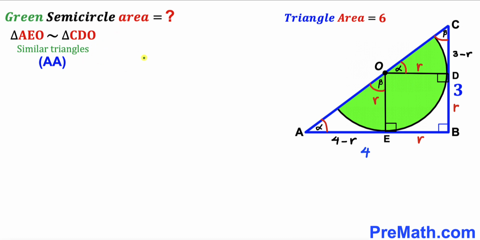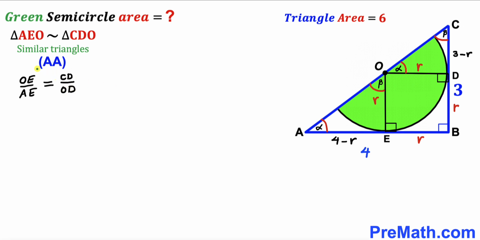So we are going to have proportions. In other words, the ratio of this side length OE and this other side AE is going to be equal to the ratio of CD and OD.